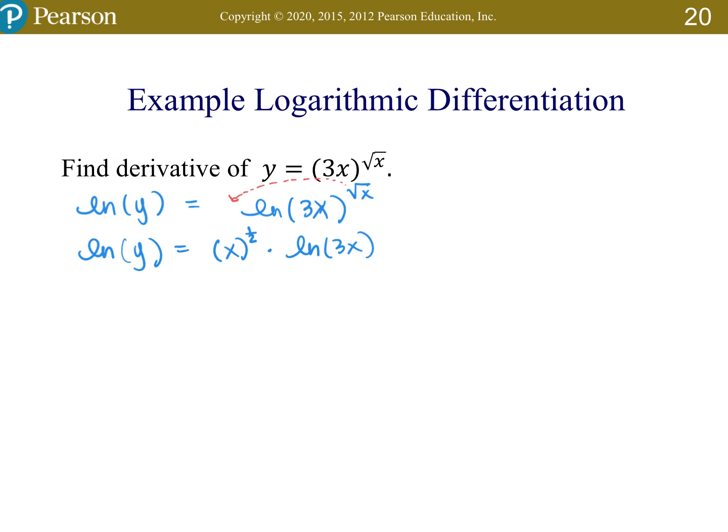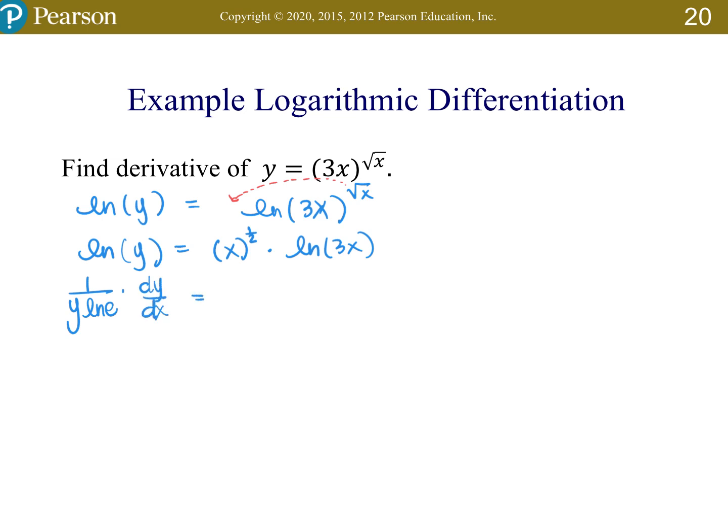Then you're ready to invoke differentiation. You'll invoke the log rule on the left and the product rule on the right again. So the log rule on the left is going to tell me 1 over y ln e times dy/dx.